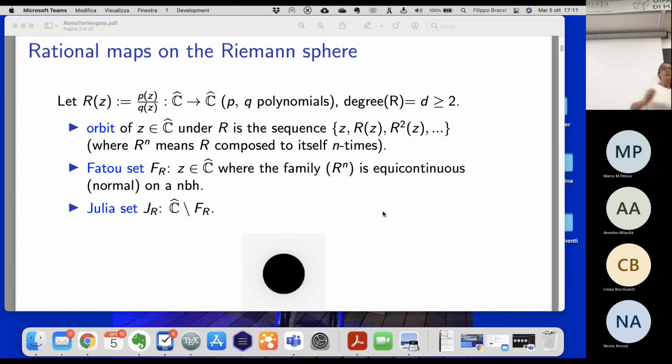They are all friends. If they have modulus bigger than 1, the modulus becomes bigger and bigger, and they all go to infinity. So the unit disk and its complement are in the Fatou set. The chaotic part is the points on the unit circle, where the action is chaotic, and this is the Julia set.